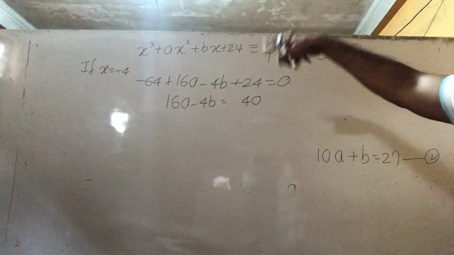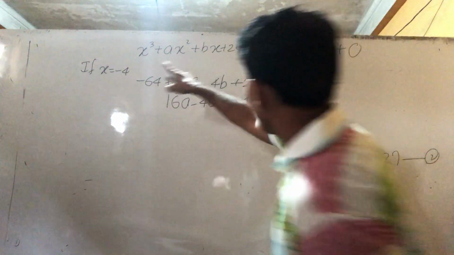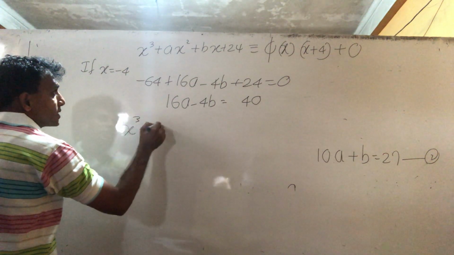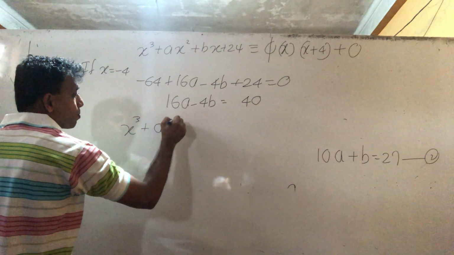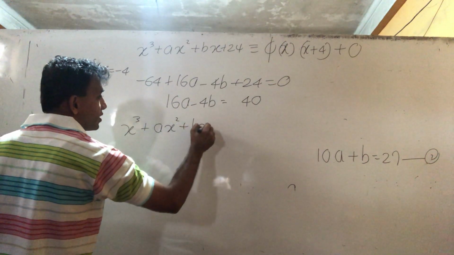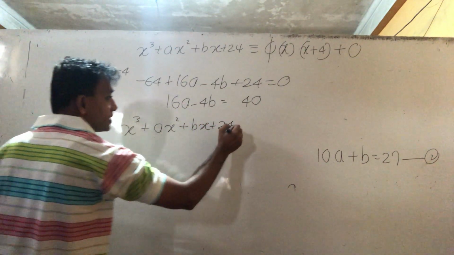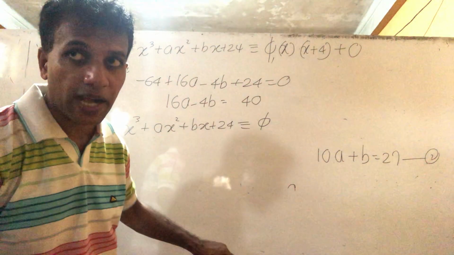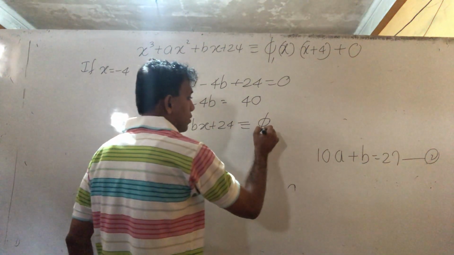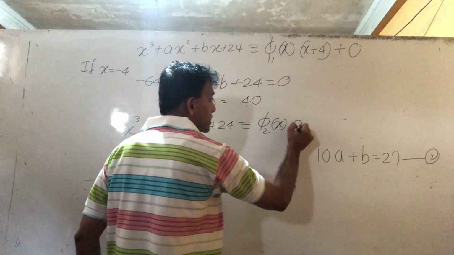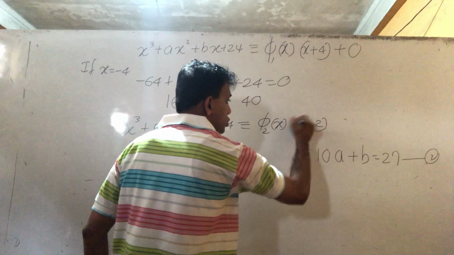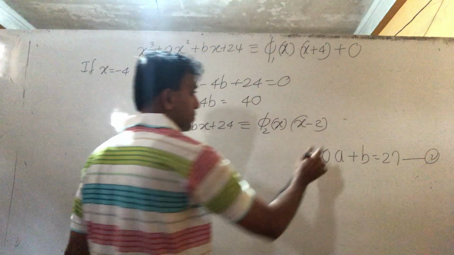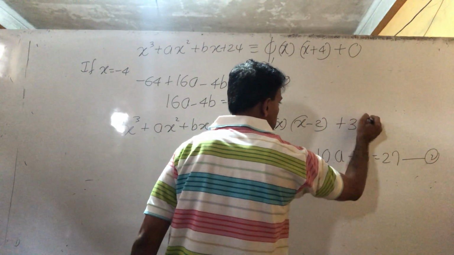So write another polynomial, identical form. x cube plus ax square plus bx plus 24 is equal to, here I say, a different quotient, when you divide, into x minus 2, the remainder is 36, so I say plus 36.